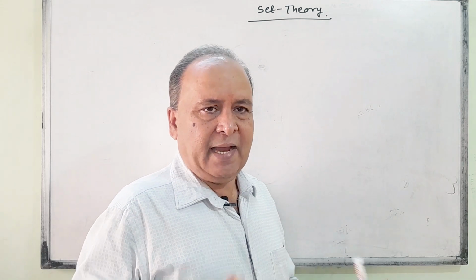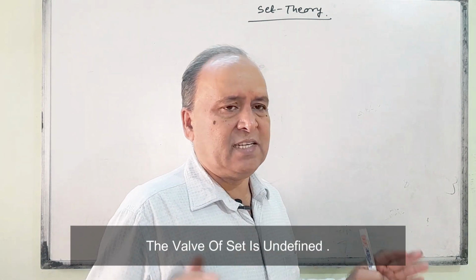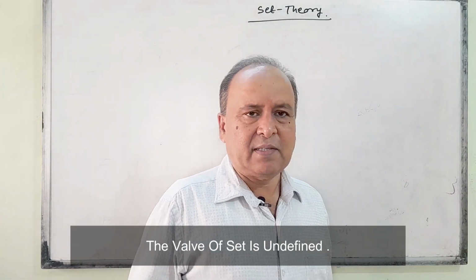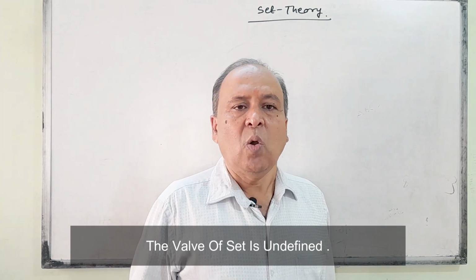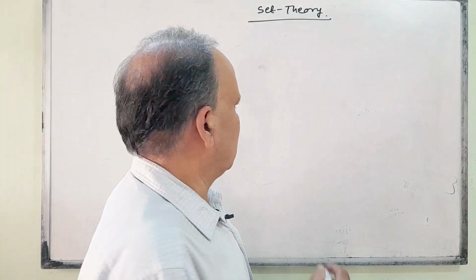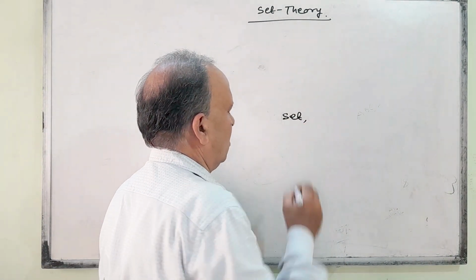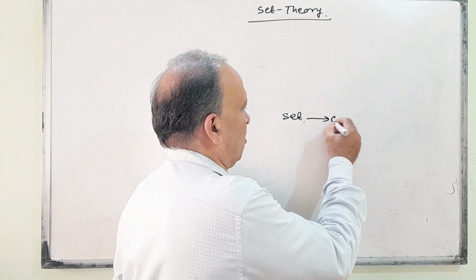The word set is undefined. We say a set is the collection of well-defined or distinct objects, but in actual practice the word set is undefined. Why is it undefined? When we say set, what do we mean by set? Set means collection.